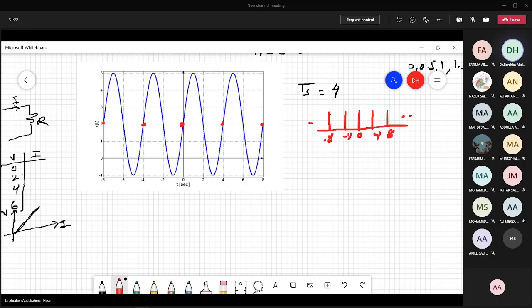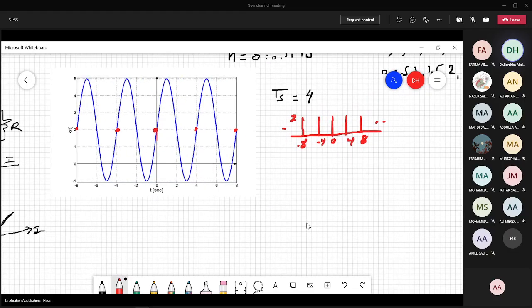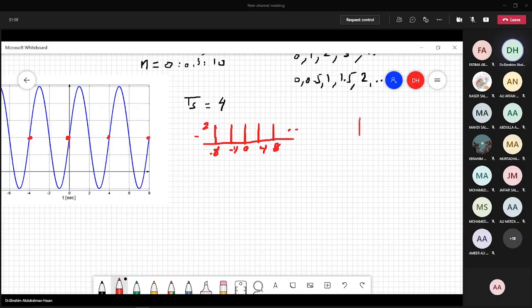Then if you store data in your computer like this, can we get the original waveform from this? No. If I stored this data, which is equal to 2 here, I am storing 2, 2, 2, 2, 2 at all points. So in the end, if you call back from your computer, you will get something like this.